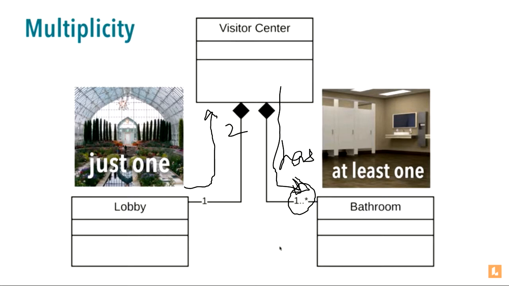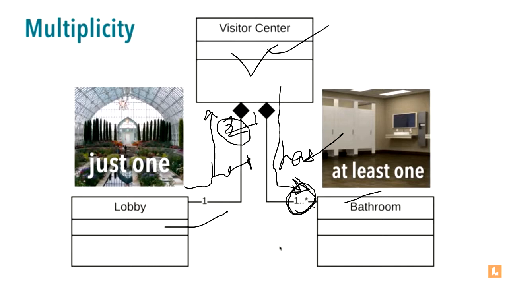For example, if I want to read this, I will read it as visitor center has 1 or more than one bathroom. If I want to read this 2, only 2 is written here, so I will read from here: lobby has two visitor centers. This is how you have to read. This is how the statements will be given in the question, and you have to draw this diagram.